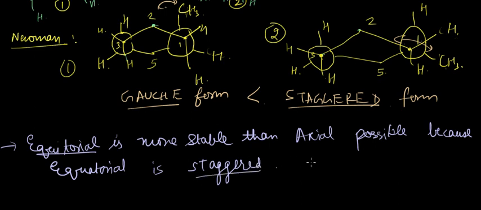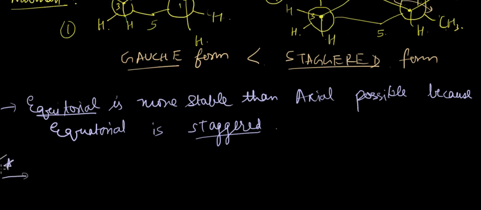Okay, so always please remember this as a rule of thumb, important, that more bulky group will occupy equatorial position in a cyclohexane ring which is in chair form.